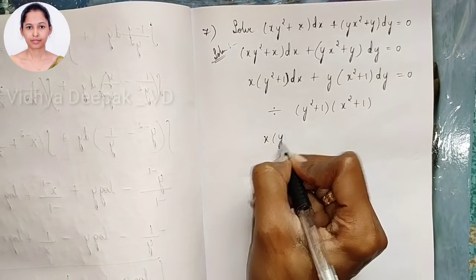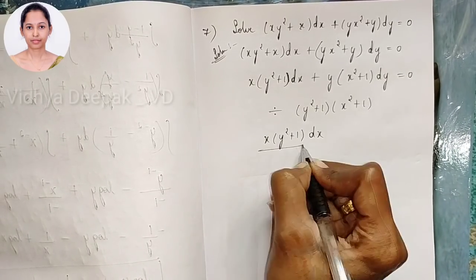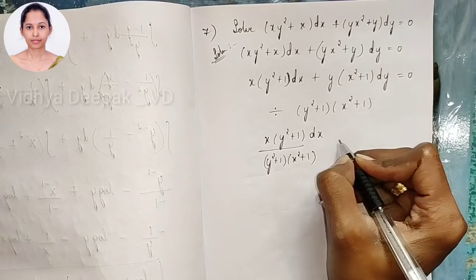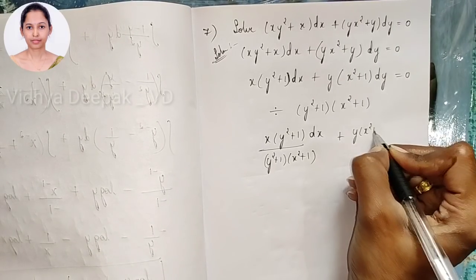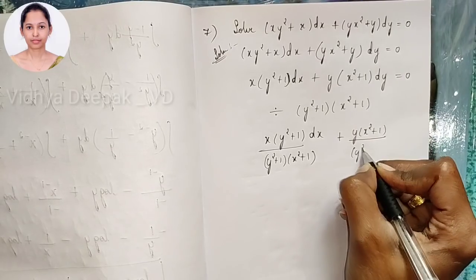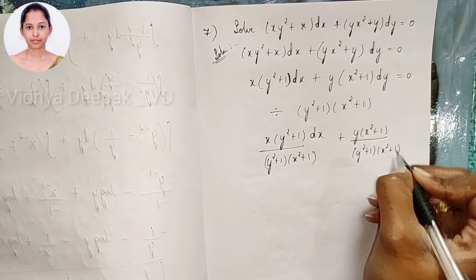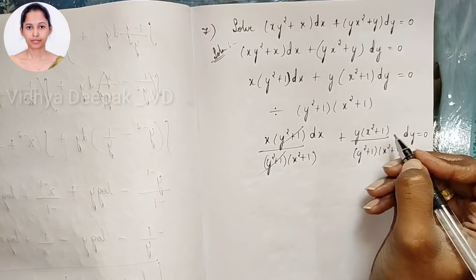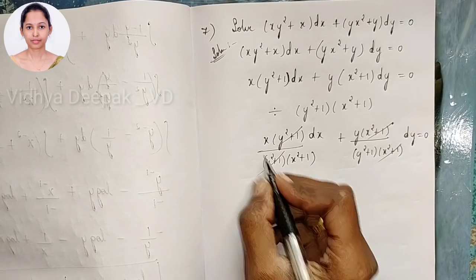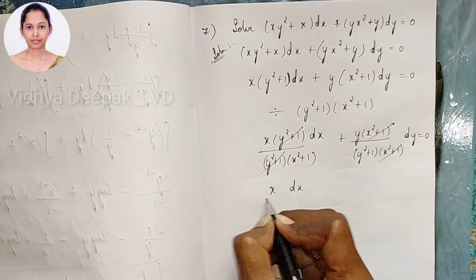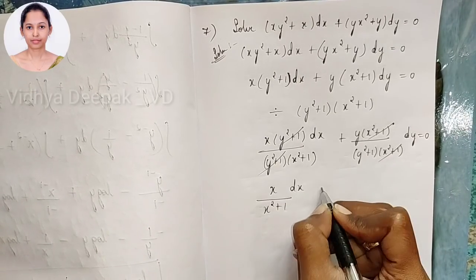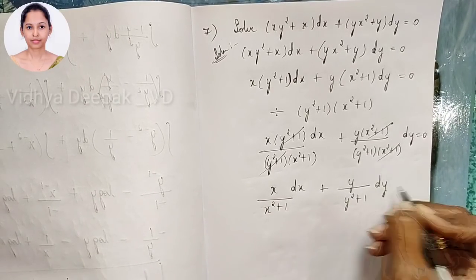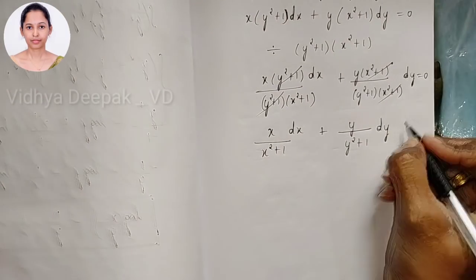So we have x into (y square plus 1) dx divided by (y square plus 1) into (x square plus 1) plus y into (x square plus 1) divided by (y square plus 1) into (x square plus 1) into dy is equal to 0. So here y square plus 1 gets cancelled, x square plus 1 gets cancelled. What is remaining? x dx divided by x square plus 1 plus y divided by y square plus 1 dy is equal to 0.